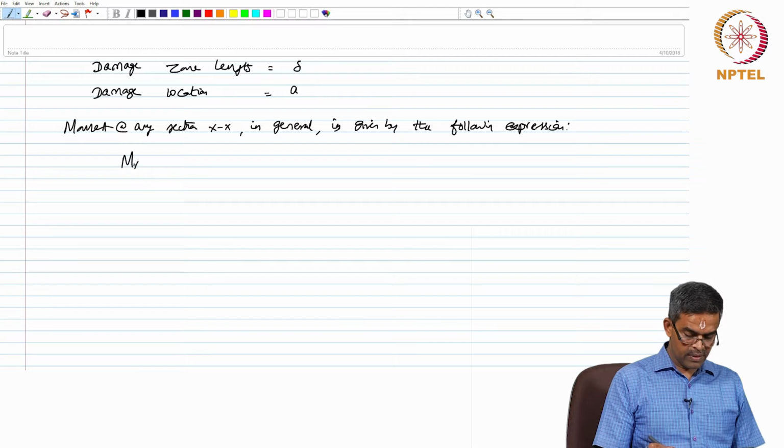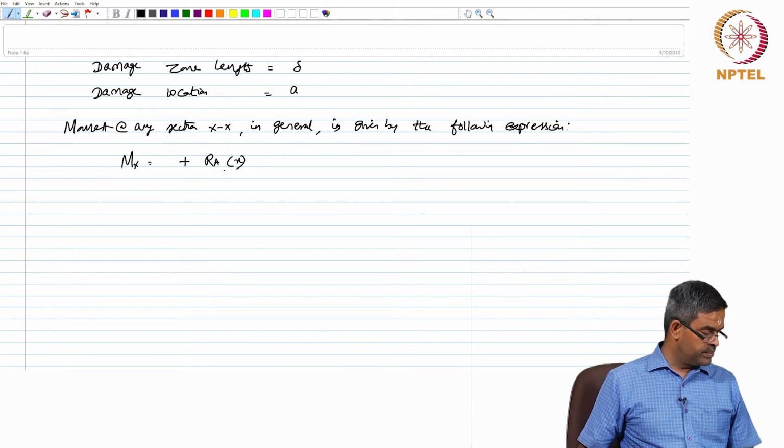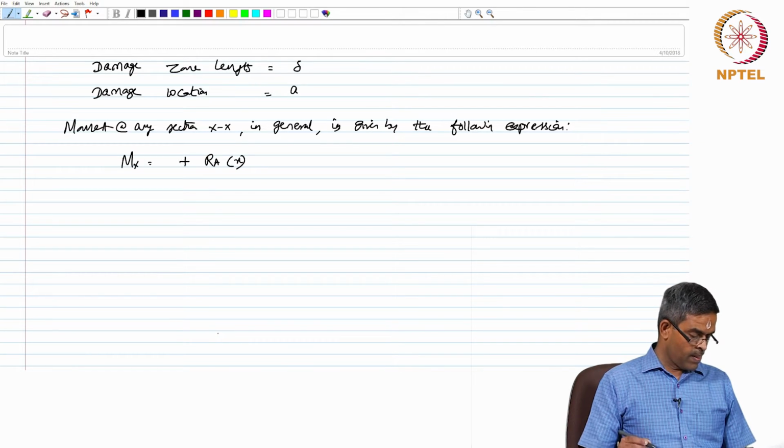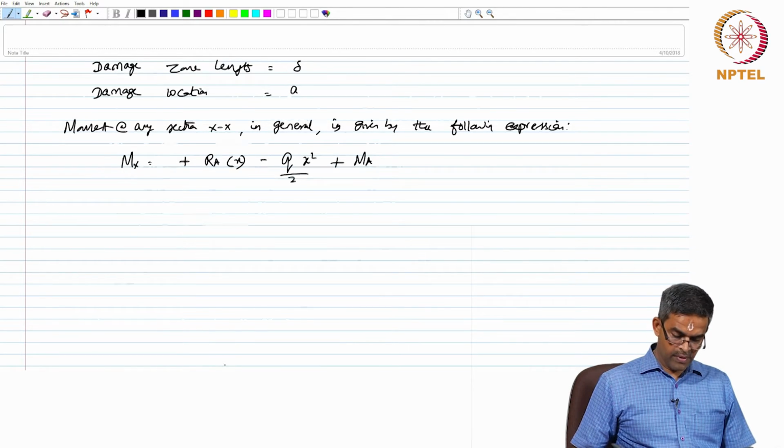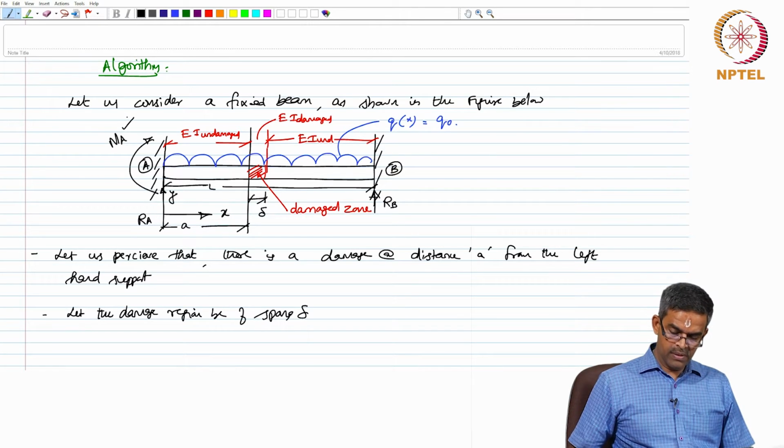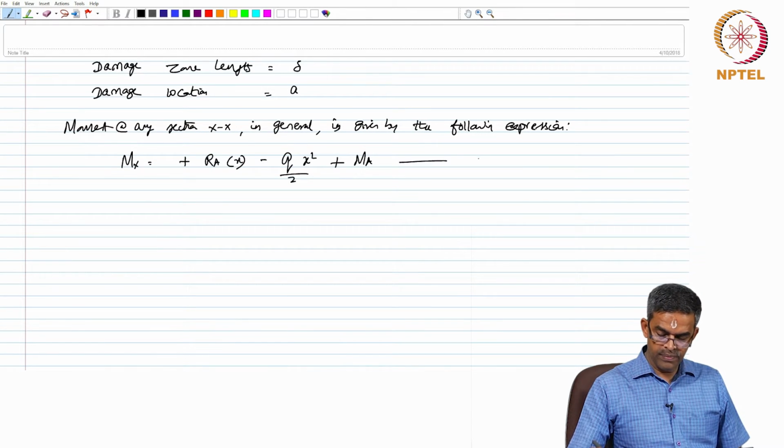Mx is equal to plus Ra into x minus q x squared by 2, plus Ma, where Ma is this, q is the downward load and Ra is this. Equation 1.